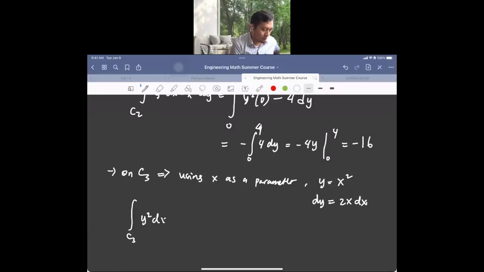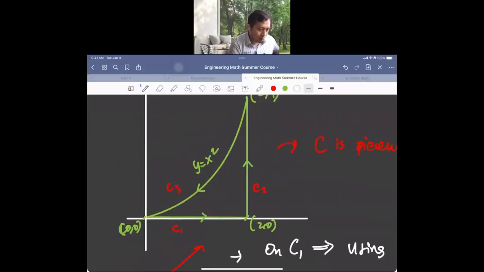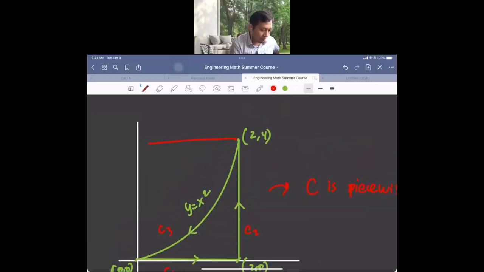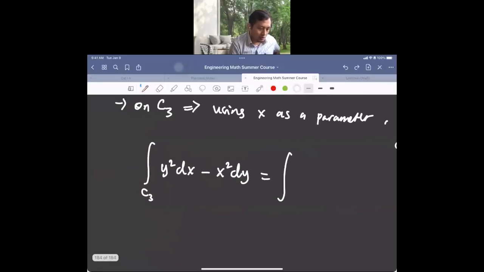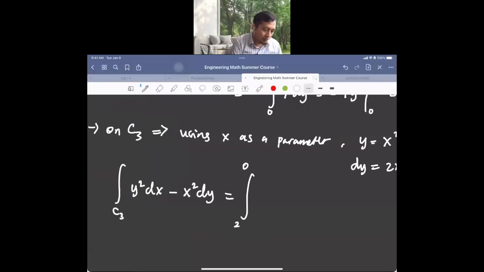Now this is from 2 going back to 0, going back to the origin. So from 2 to 0.